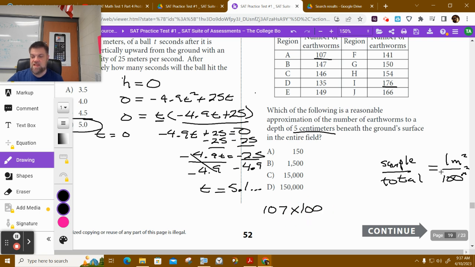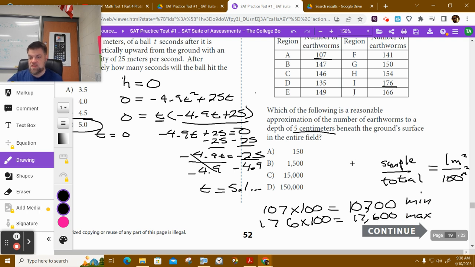I said multiply by 10, but if it's 1/100th, 107 times 100 would give us a lower boundary of 10,700. That would be the minimum it could be. And then the maximum boundary would be 176 times 100, which is 17,600. This is the most that you would find based on the sample sizes.